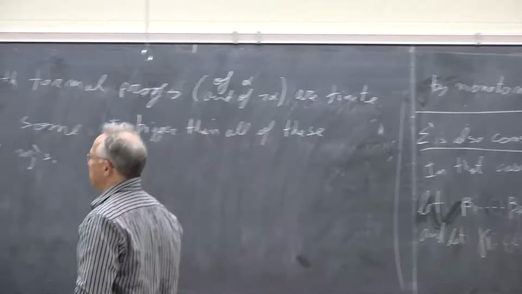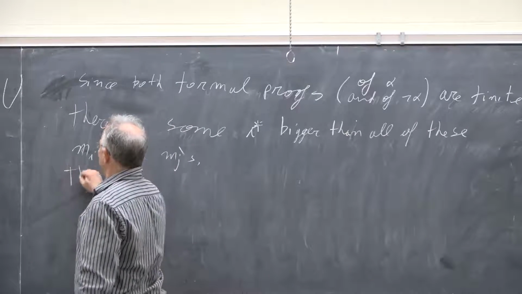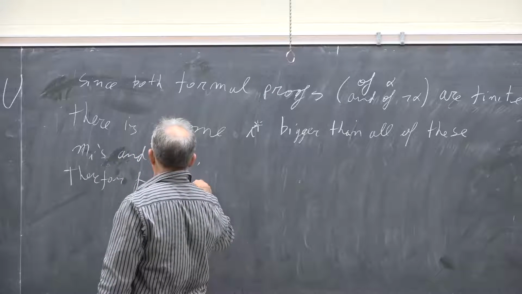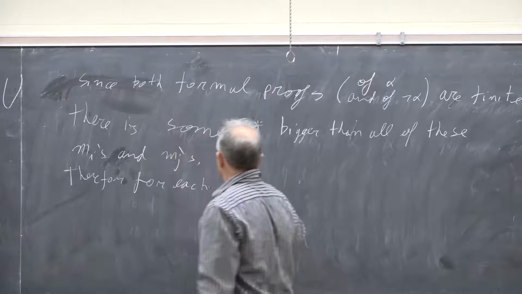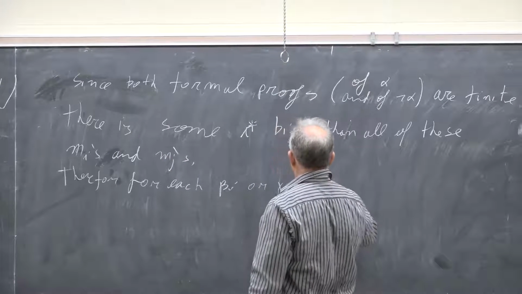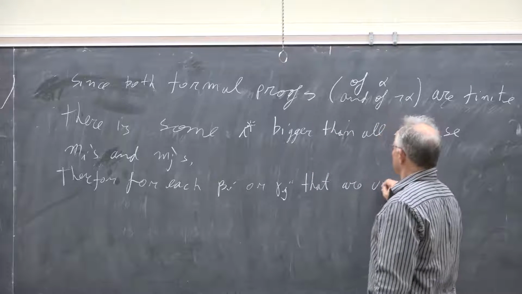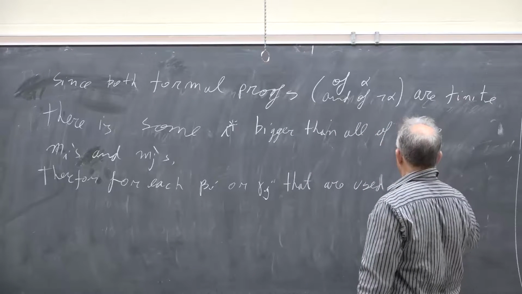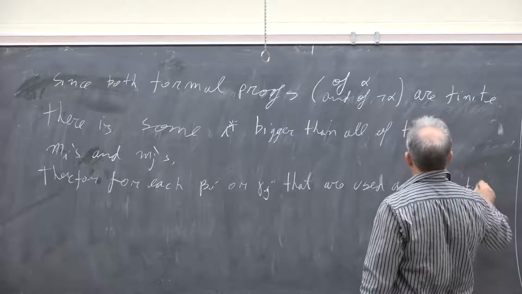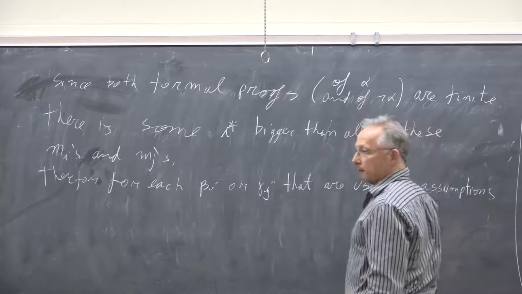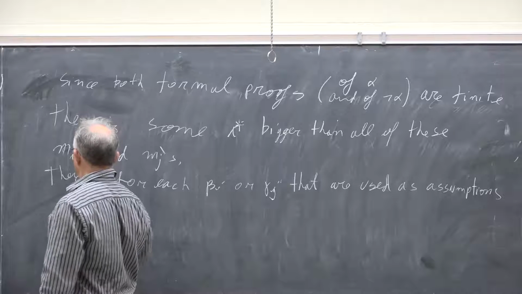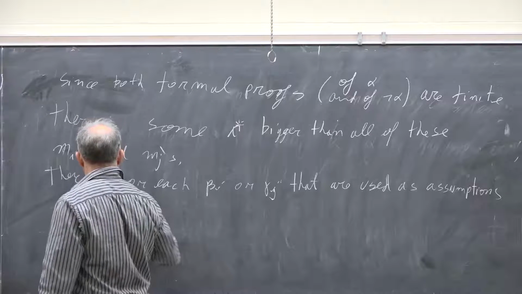So for each beta i or gamma j that are used as assumptions in these proofs, these beta i, gamma j are members of sigma i star.